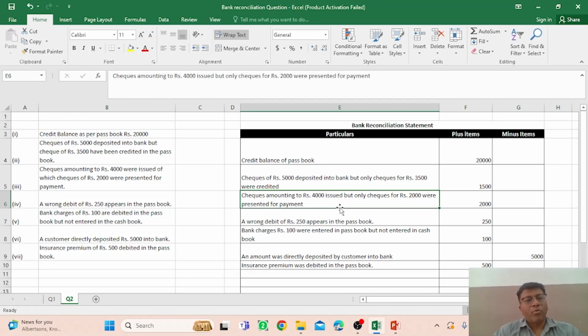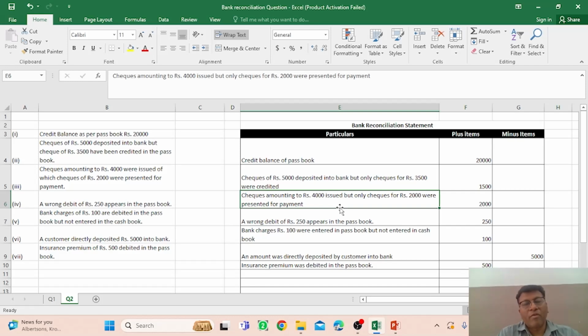And checks amounting to rupees 4,000 were issued. It means the balance of cash book is reduced by 4,000, whereas only some checks were presented for payment. Okay. Exactly what happened is that 4,000 rupees of checks were issued. So from the perspective of the cash book, you think the bank balance would be reduced by 4,000, and on that basis you reduce the cash book balance by rupees 4,000, right?